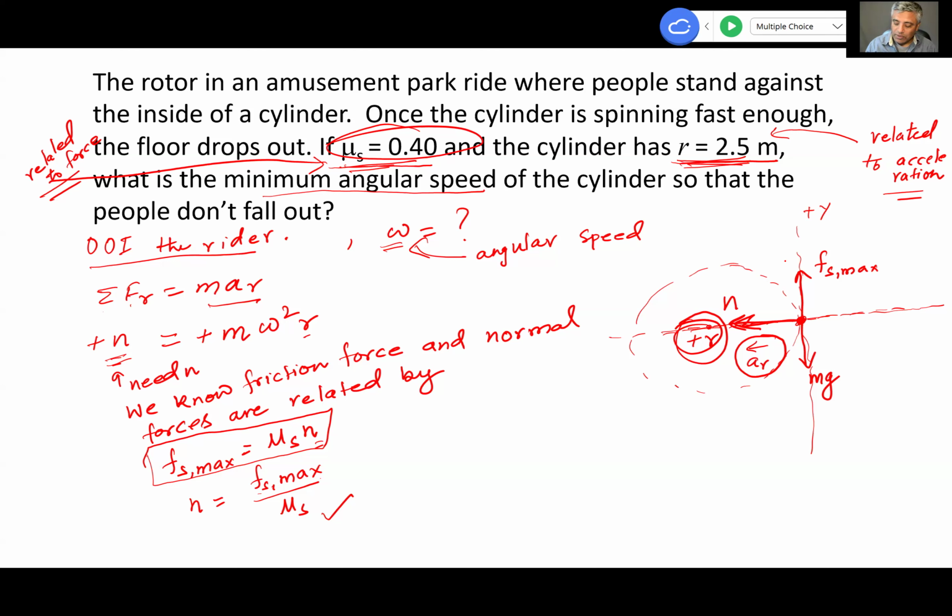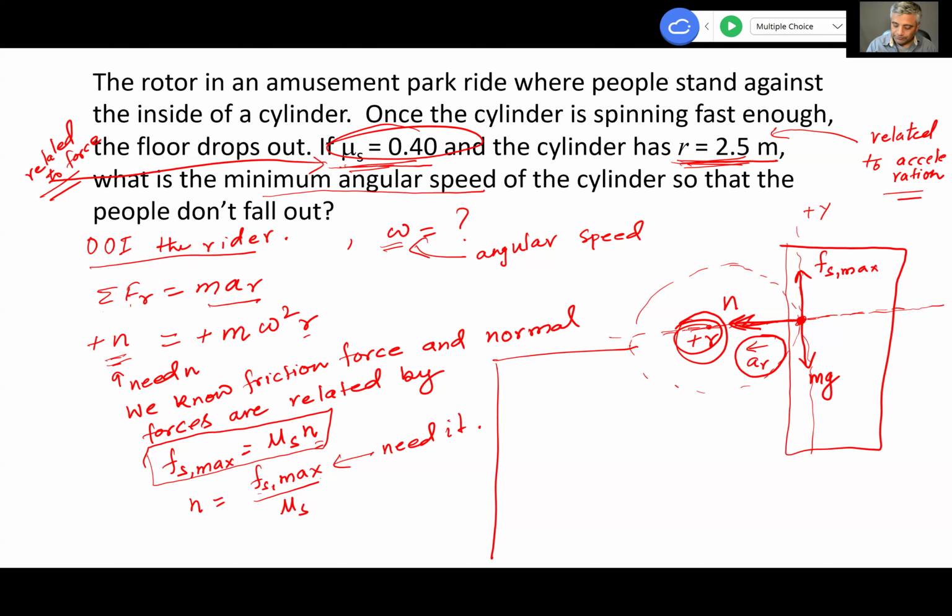So here, what do I see? There is friction force in the free body diagram. So that means I can write an equation in this vertical direction, along the y-axis, so that we can find friction force. We need it, okay? So for that, what do we do?